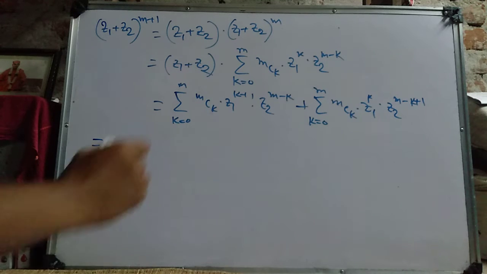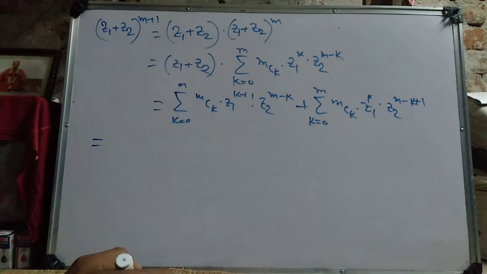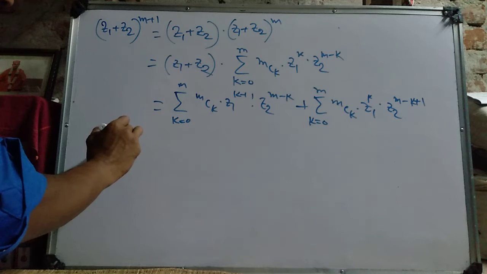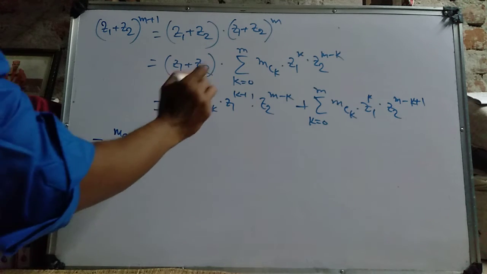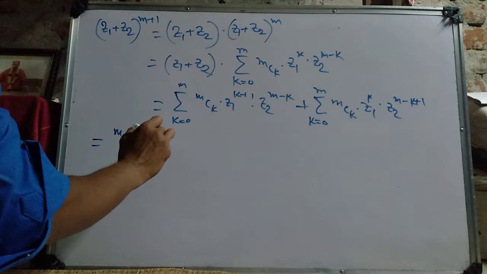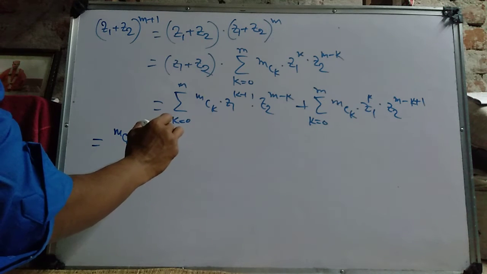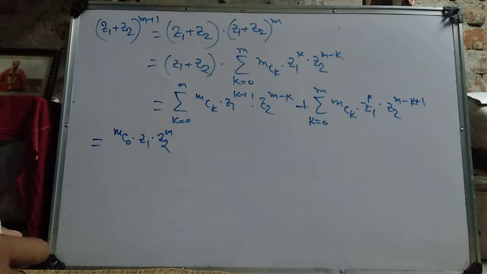If we put k equal to 0, then we get mC0 z1^1 z2^m.